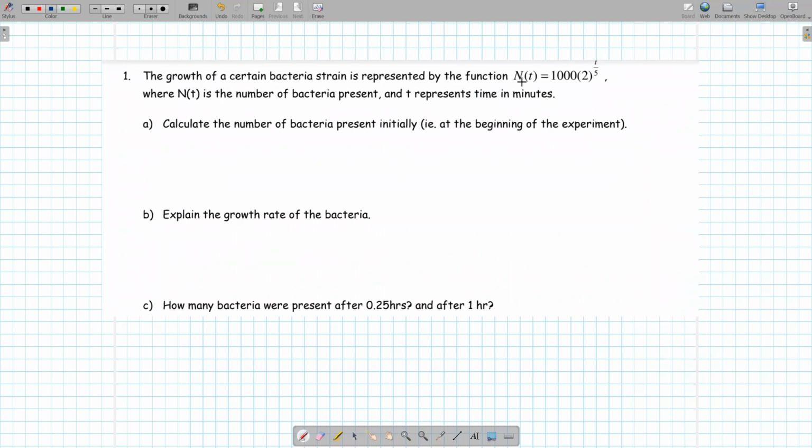So there's an equation. N of t means the number of bacteria, and t is the time that has passed in minutes. Calculate the number of bacteria present initially. Okay, we did this yesterday. What's the time initially? What do we plug in as time?